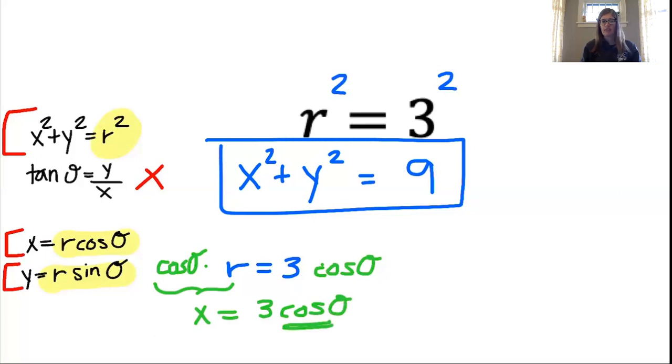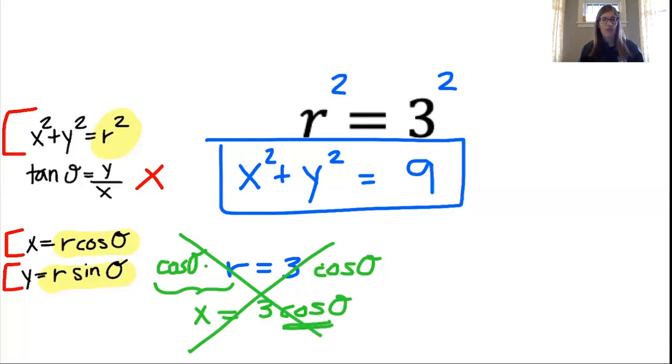Cosine theta isn't equal to anything in x and y. So this is probably not the best route, because then you still have to try to make the conversion some other way. So that's the part where I'm talking about you might be thinking of more than one way to do it. Sometimes there's one that's really the best way, and this one works out pretty nicely.